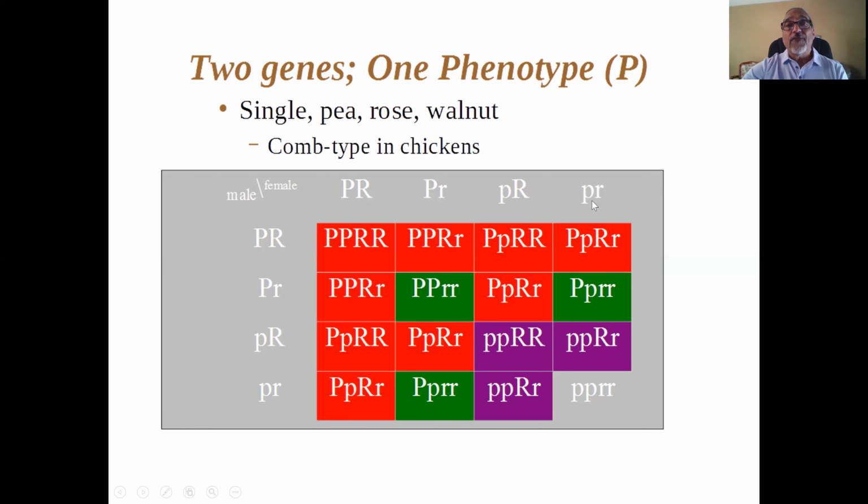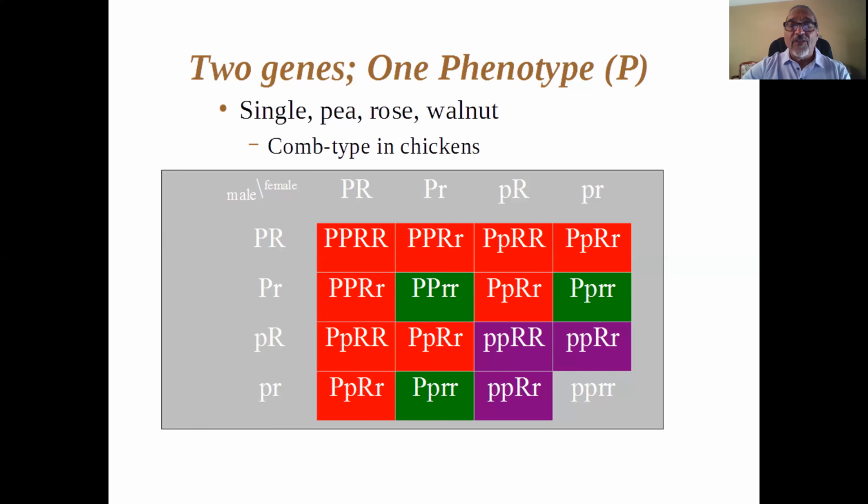And of course, our phenotypic ratio becomes, and count up the reds, these are all our walnut comb individuals, 9. Here are our P comb in green, 3. Our rose comb in purple, 3. And our single comb, 1. So we've got our 9 to 3 to 3 to 1 ratio.